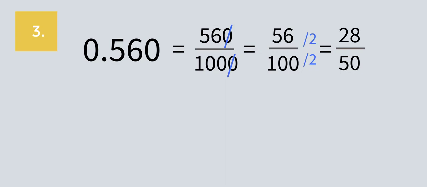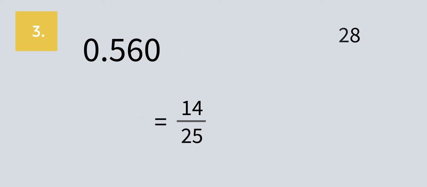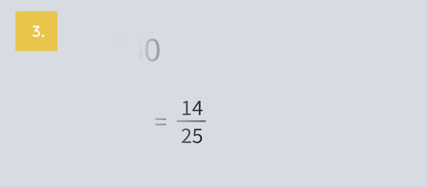So this is an instance of I didn't divide by the greatest common factor. I divided by 2 instead, and I should have recognized that it's divisible by 4. Both 56 and 100 are divisible by 4. But it still works because we can divide 28 by 2. We just look for another common factor in the result. 28 divided by 2 is 14. 50 divided by 2 is 25. So 0.560 as a fraction is 14/25.